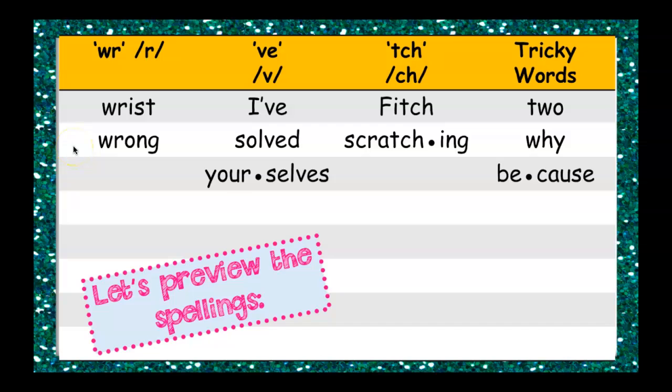Before we read, let's look at some of the spellings for today. We're going to come across the spelling, spelled with W-R, like in the word wrist, and wrong. We're going to come across the V sound, spelled with the V-E, like in the word I've, the contraction for I have, or solved, and yourselves.